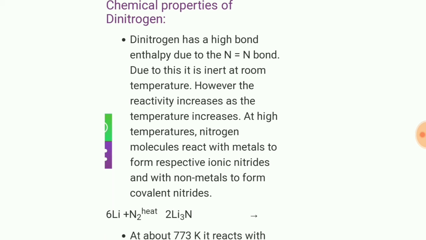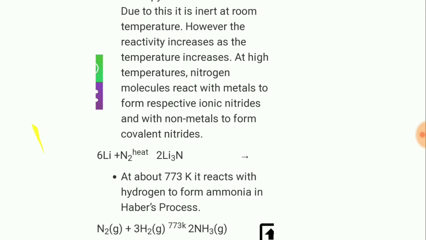At high temperature, the nitrogen molecule reacts with metals to form the respective ionic nitrides and with non-metals to form covalent nitrides, like lithium nitride with lithium.